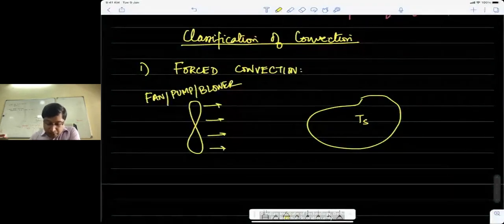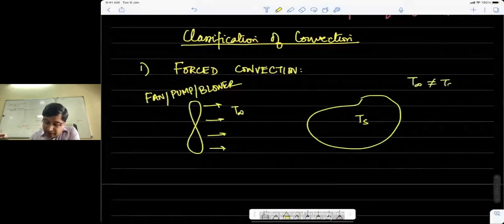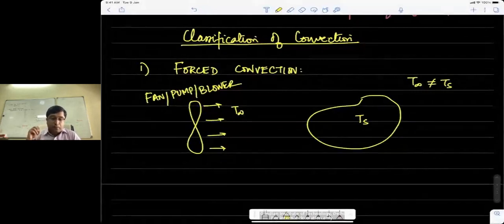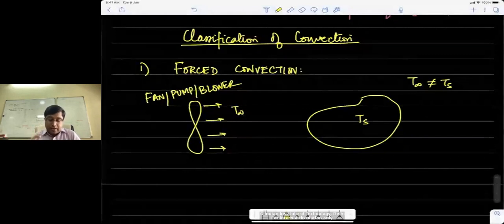As long as the temperature of the fluid is not the same as the temperature of the surface, we'll have some heat transfer, because these two entities are not at the same temperature. So there would be transfer of heat, and this mode of transfer of heat, when you are forcing a fluid to flow over a body, is called forced convection.